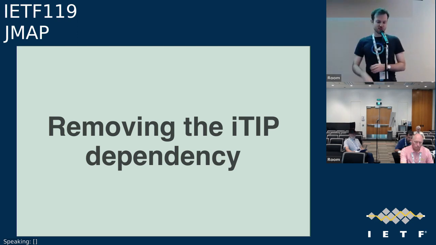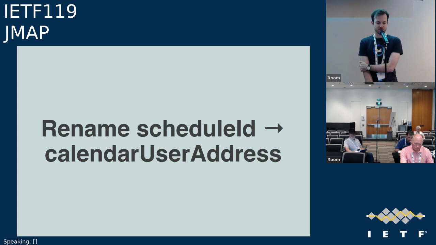So yeah, this slide's just basically what I've been saying. Those are the two things that we plan to do, and I think between those two, that then removes that concern that had been raised about this dependency on ITIP and dependency on being able to convert to iCalendar.